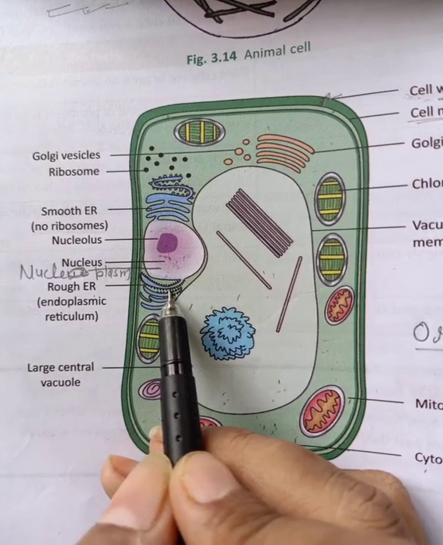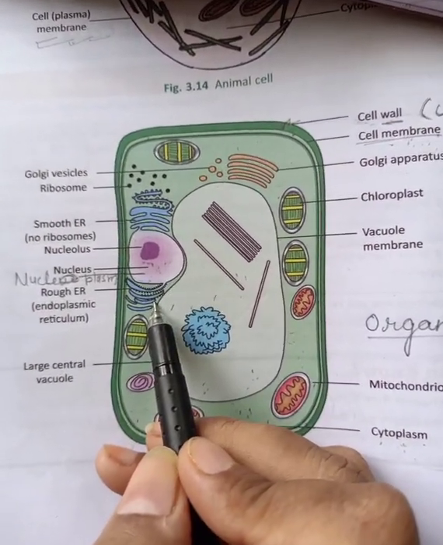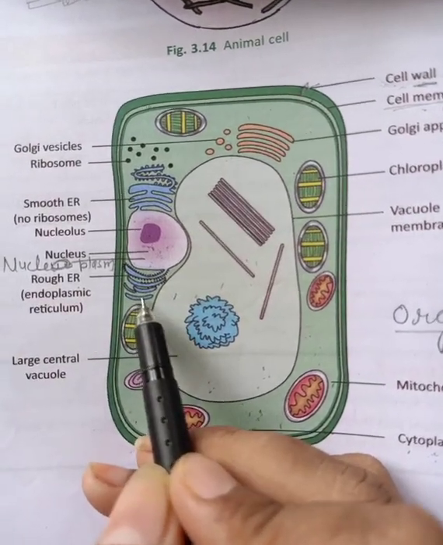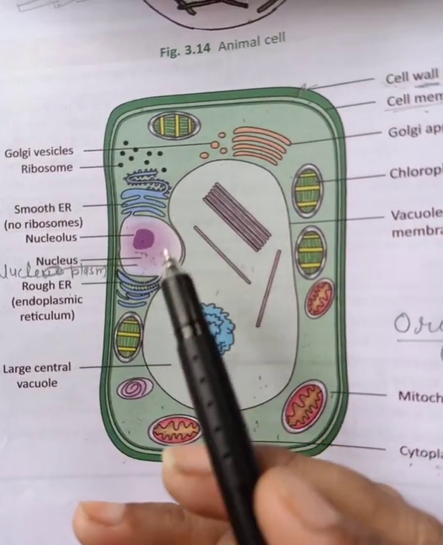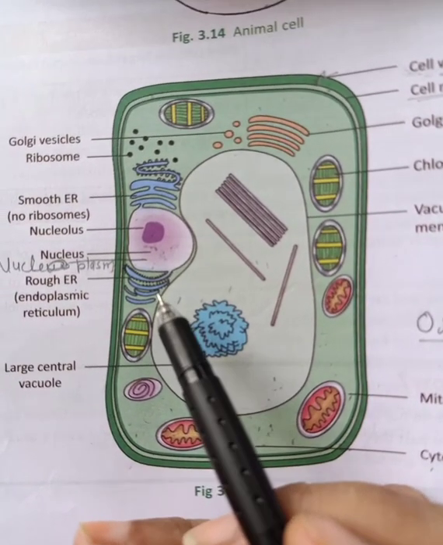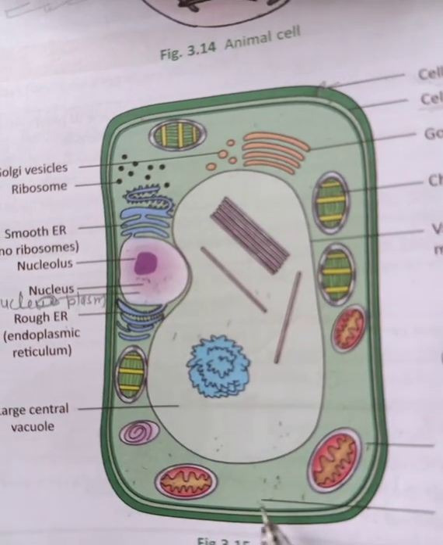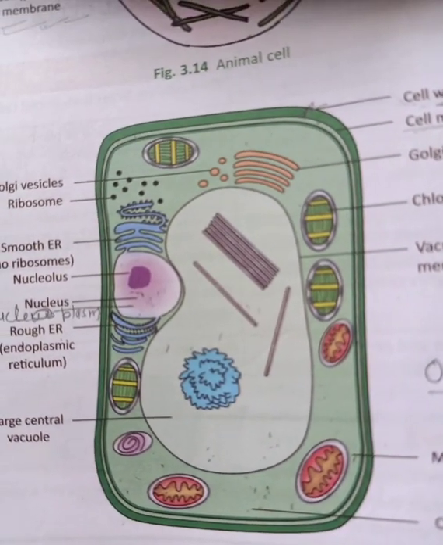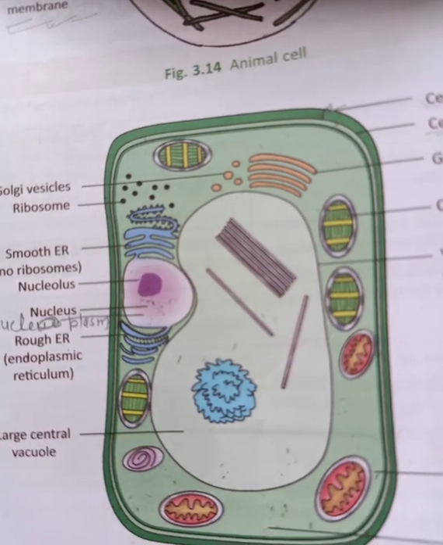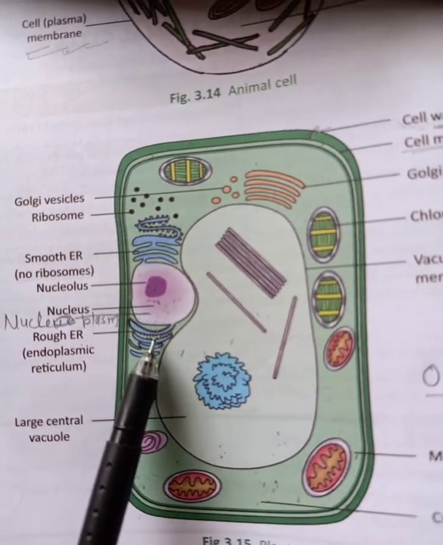Now the question arises: we got the structure and we got where they are present. What is the function of the smooth and rough endoplasmic reticulum? They provide internal support to the cell because they are present inside the cell.